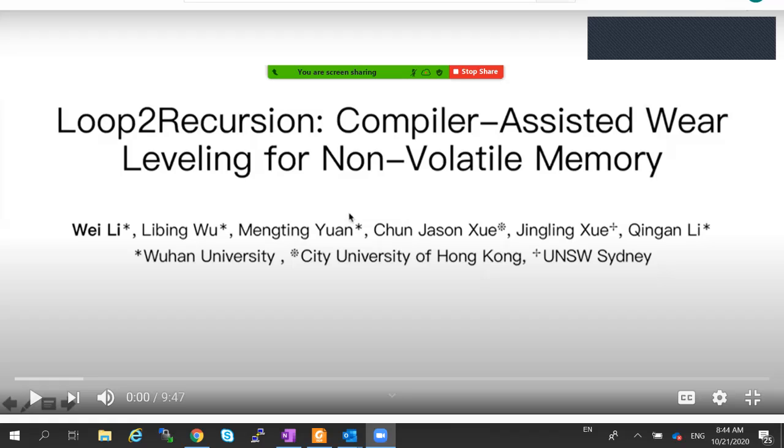For each execution, each stack frame is written unevenly. The code snippet on this slide is equivalent to the previous example.